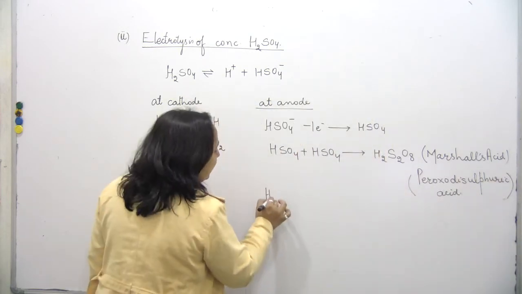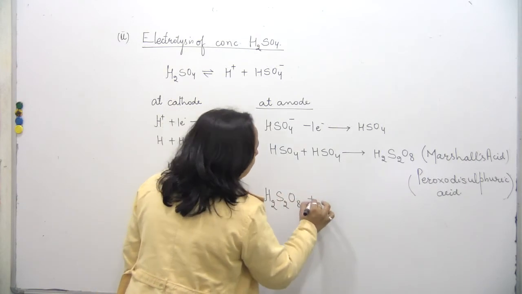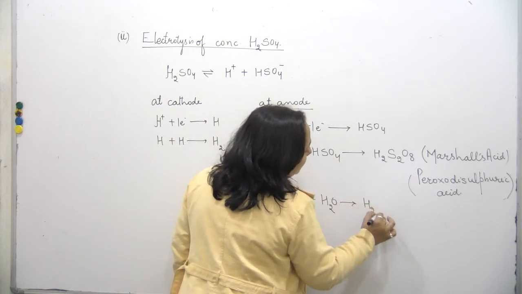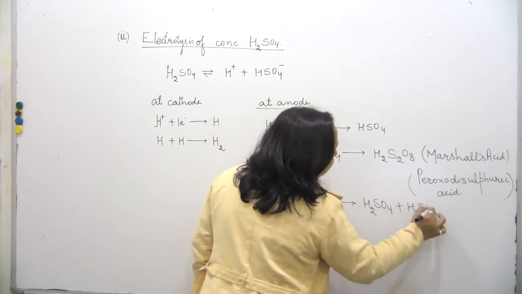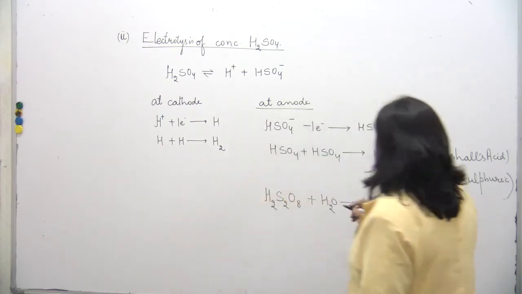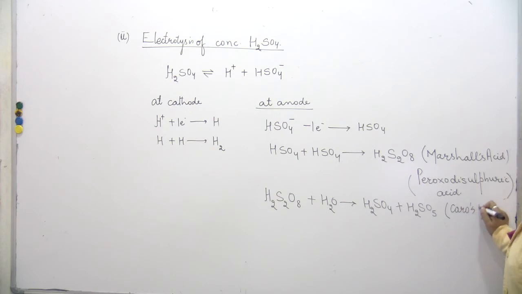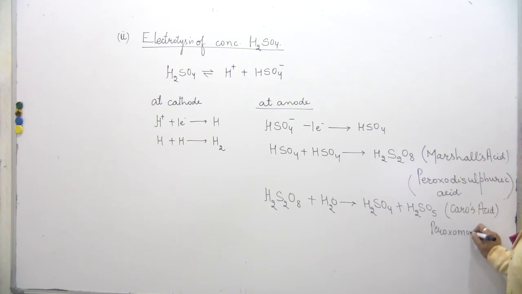This peroxodisulfuric acid, H2S2O8, combined with water, that means diluted, gives us H2SO4 plus H2SO5. H2SO5 is called Caro's acid, which is also called peroxomonosulfuric acid.